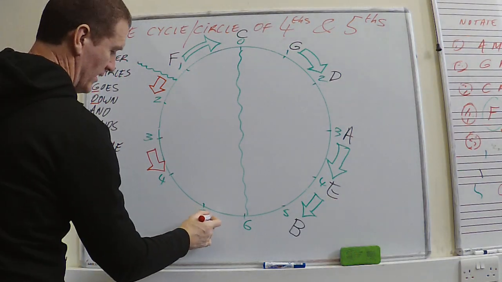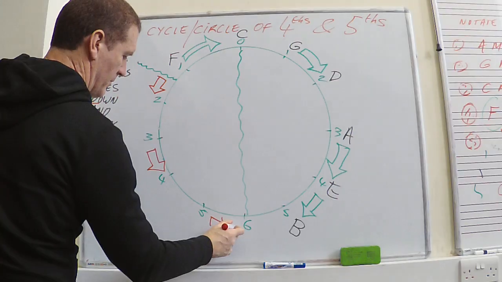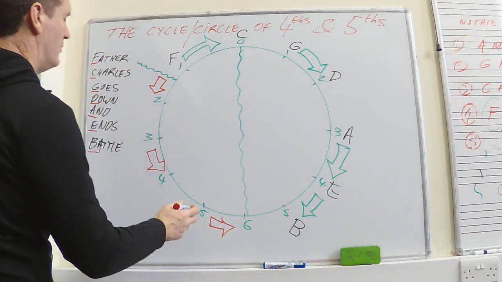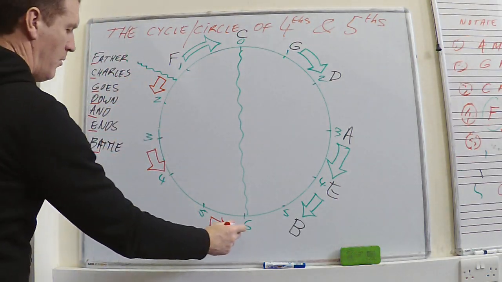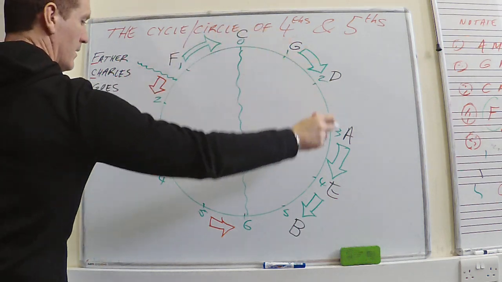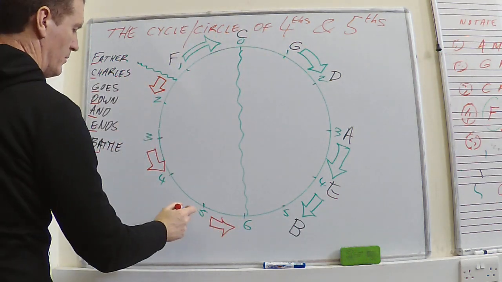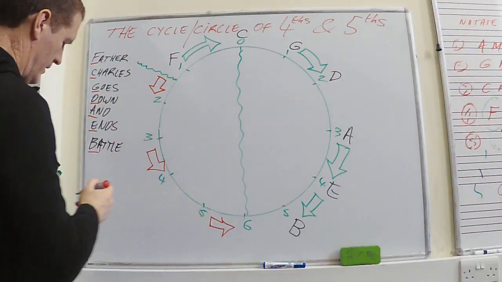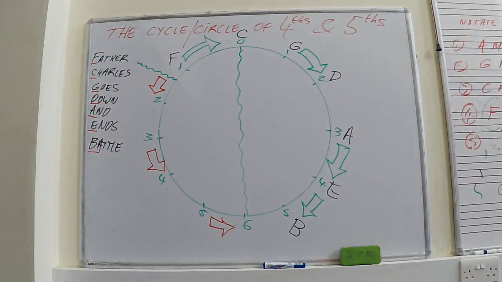This sentence that you just learned, Father Charles goes down and ends battle, is going to also tell you what letters go beside the corresponding numbers on the left hand side of the clock. And those letters are as follows.